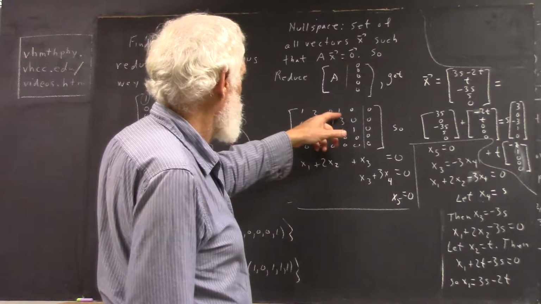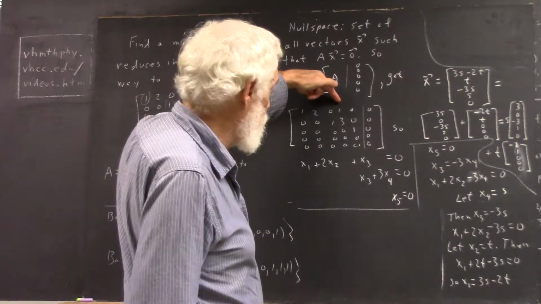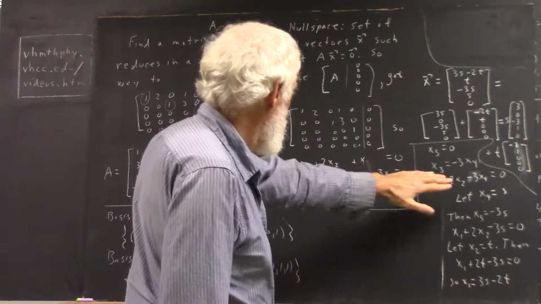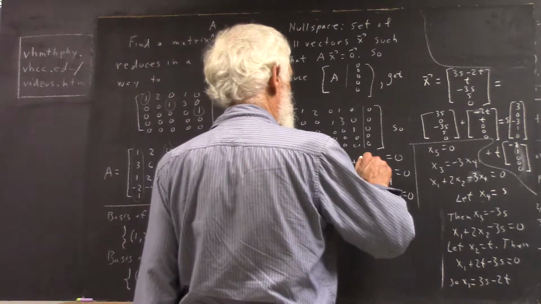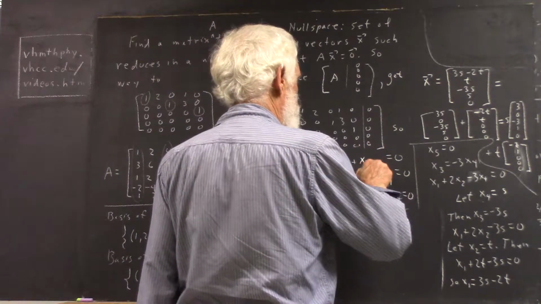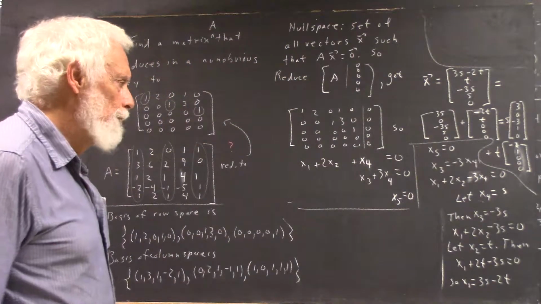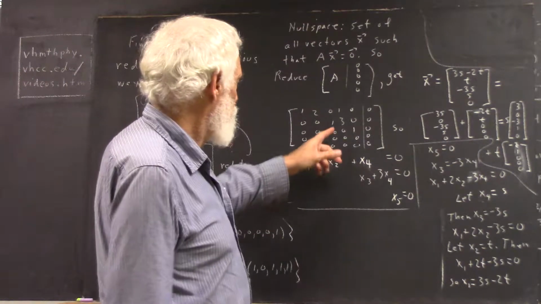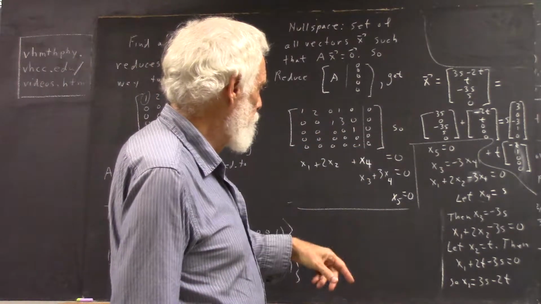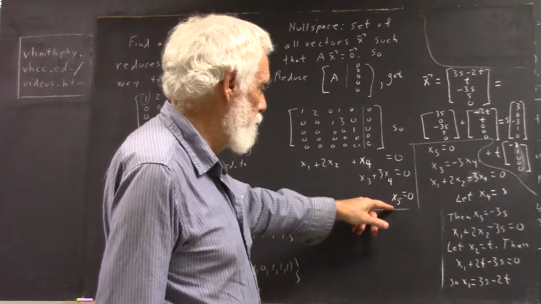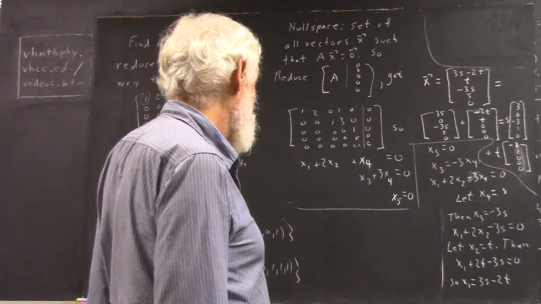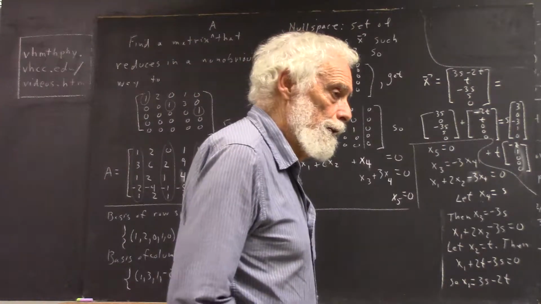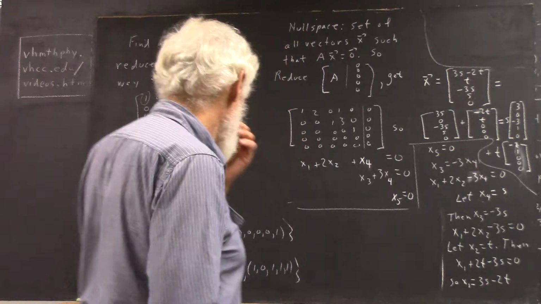I said plus x3 equals 0, but this would be the x4, wouldn't it? So that means my solution over here isn't correct. So we'll fix that. Okay, so I should have plus x4 equals 0. The second says that x3 plus x4 is 0, and the third says that x5 is 0. Okay, so what I have over here is no longer correct, so let's just work it out.